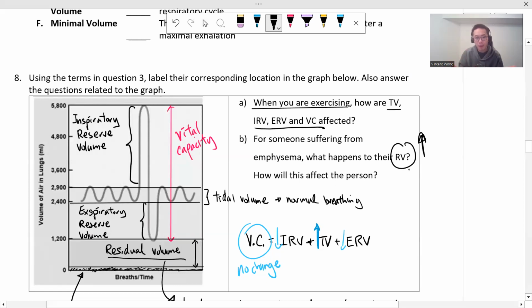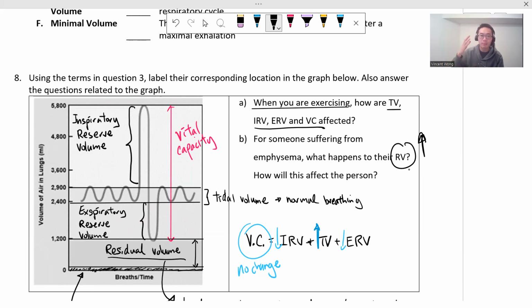So you will increase the amount of dead air, and the person will have reduced gas exchange efficiency and shortness of breath. But the tidal volume will remain the same, because there's a big difference between residual volume and tidal volume.